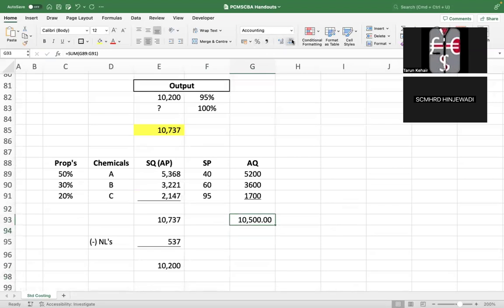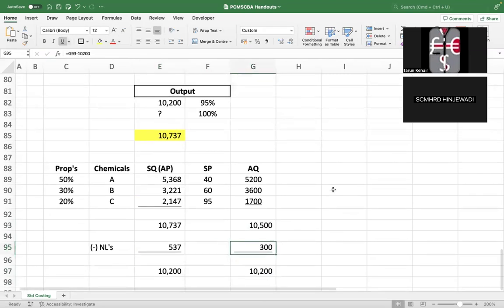But you have produced how much? 10,200 kgs. So what is your actual normal loss? 300 kgs. Understood? We had planned for 537 kgs of normal loss, but we have done with 300 kgs of normal loss.